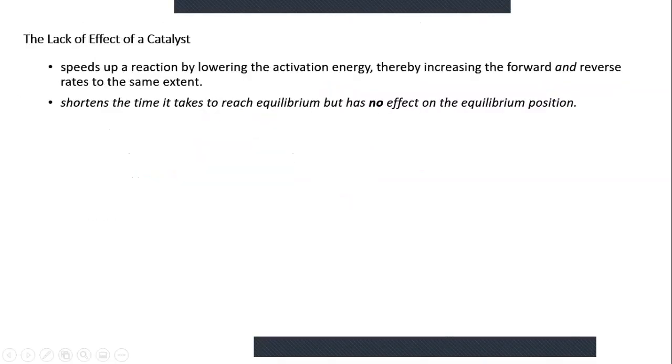So one last thing is catalysts, and as we learned early on in kinetics, catalysts lower the activation energy of a reaction. Since it lowers the activation energy of the reaction, both the forward and reverse reactions are sped up by the same extent.